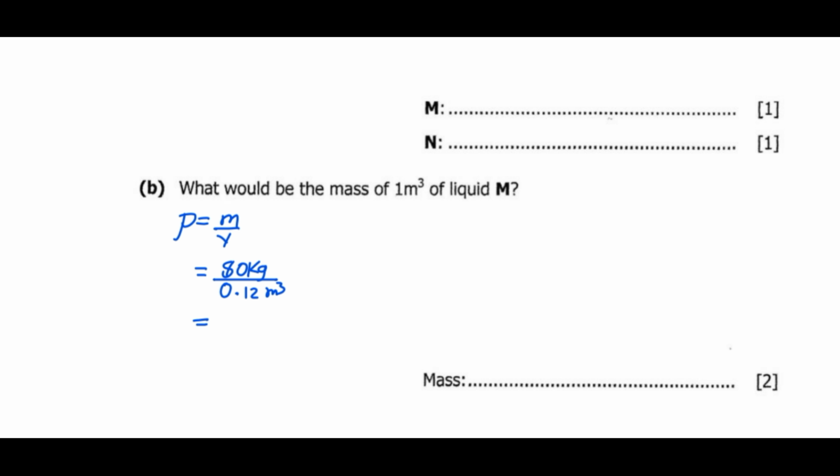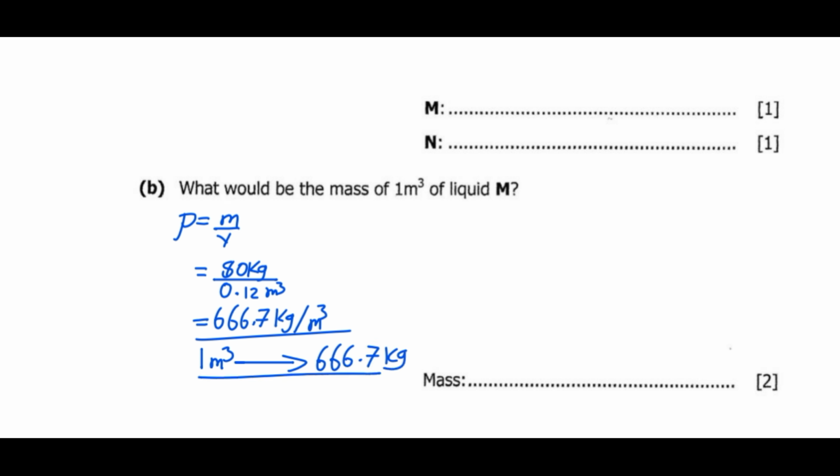I'm getting 666.67 kg per cubic meter. So now you can see the point. This means that per 1 cubic meter there is a mass of 666.7 kg. This is what it means.